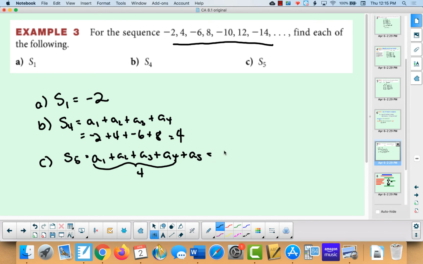It's really the same as adding S sub 4 and then adding the next term. So that was 4, and A sub 5 is negative 10. So I get negative 6 from the sum of the first 5 terms.